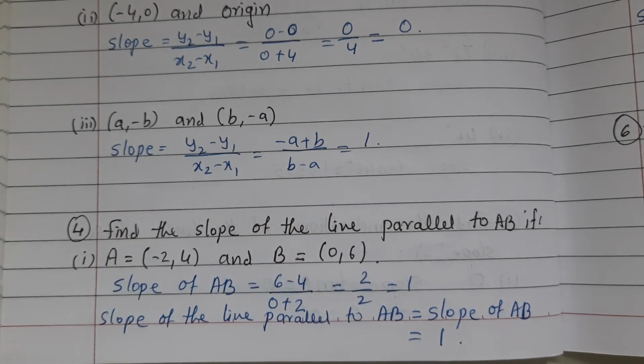Fourth sum, find the slope of the line parallel to AB if part 1, A equals (-2, 4) and B equals (0, 6). Slope of AB equals (6 - 4) upon (0 - (-2)) equals 2 upon 2 equals 1. Slope of the line parallel to AB equals slope of AB equals 1.